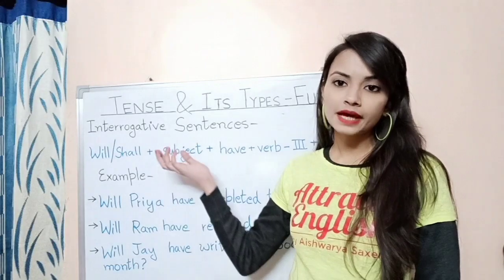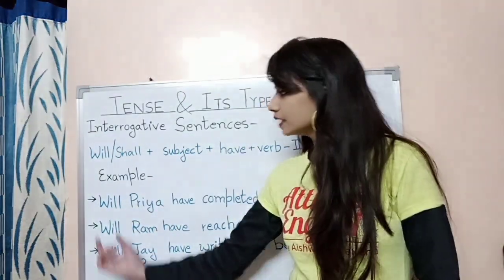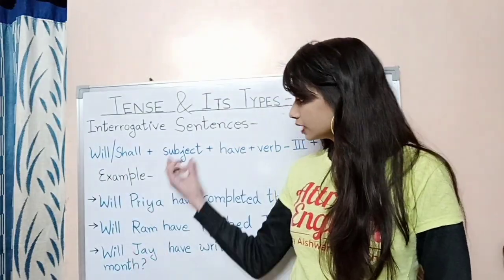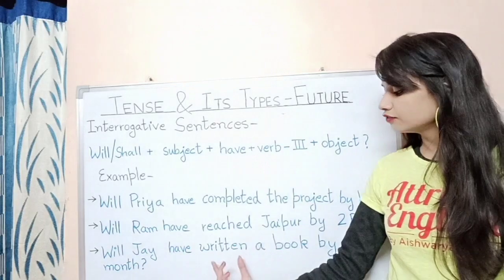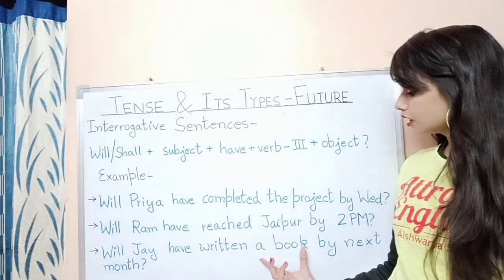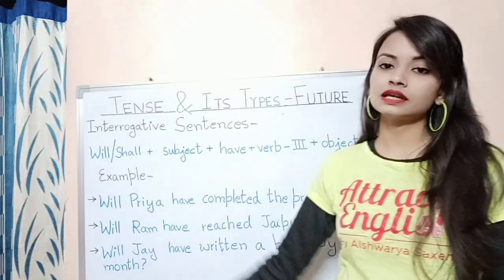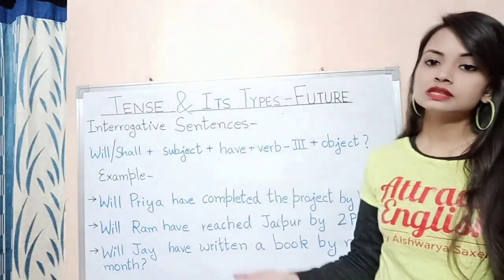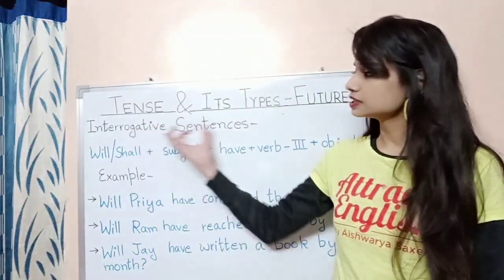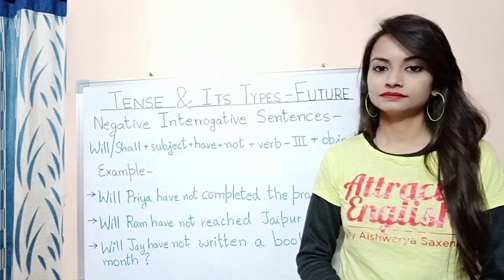If you want to compare it with the format, then you can see that the question is beginning with will, then subject is Jay, have as it is, written is the third form of verb write, a book is answering the question what, and by next month is answering when. This complete part is the object. So this is how we frame interrogative sentences in future perfect tense.